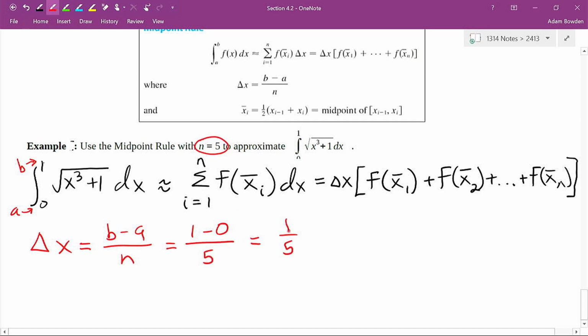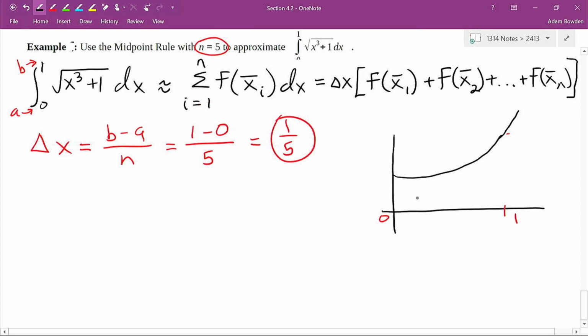So that'd be equal to 1/5, and that corresponds to basically the width of the rectangle. So it might be helpful to get an idea of what's going on with the function using these 5 rectangles. So let's go ahead and lay out a picture. It may not be exactly the function, but I'm going to think about what the rectangles would look like with the 5 rectangles we're talking about here. And that'll help me lay out the different values that I need to use.